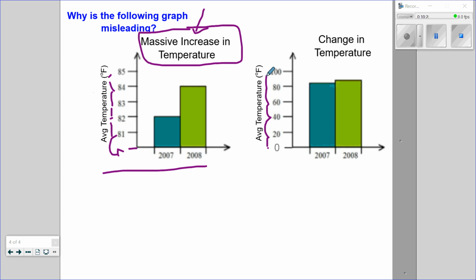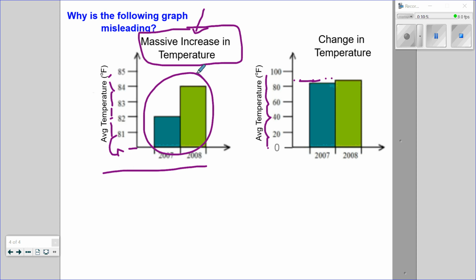Now when you look at this graph, even though it has the same data, it doesn't have a big change. You should notice that there's very little change. It looks very different than here, where it looks like it almost more than doubled from 2007 to 2008. But here it just looks like it went up by a little bit.